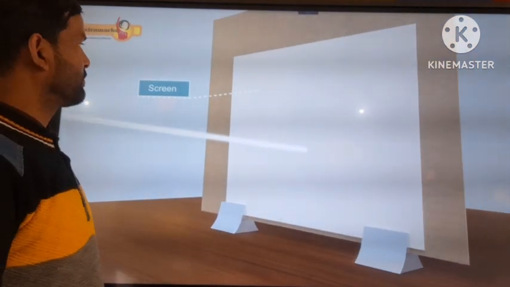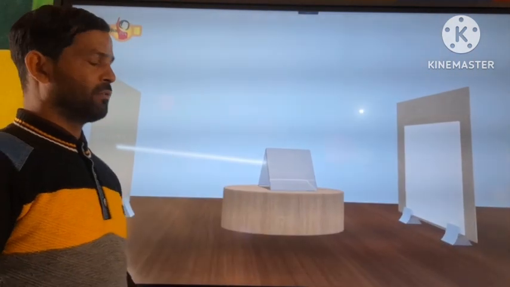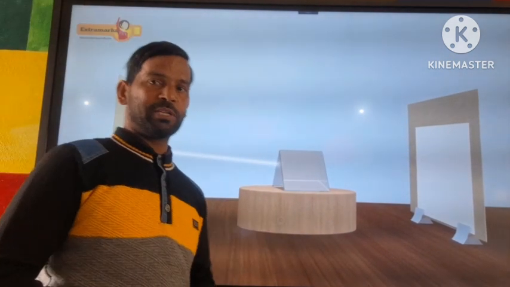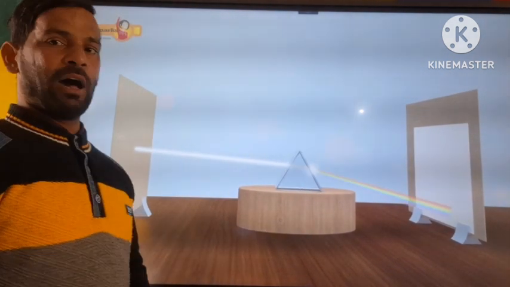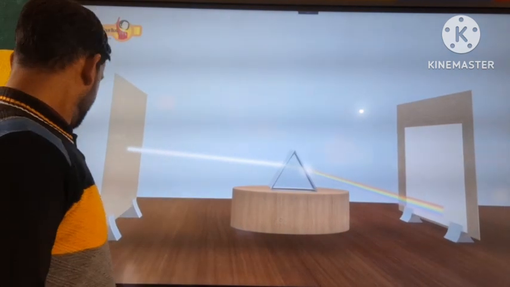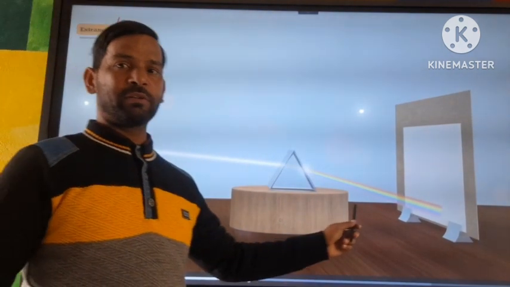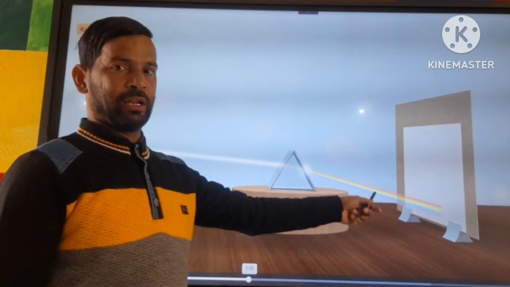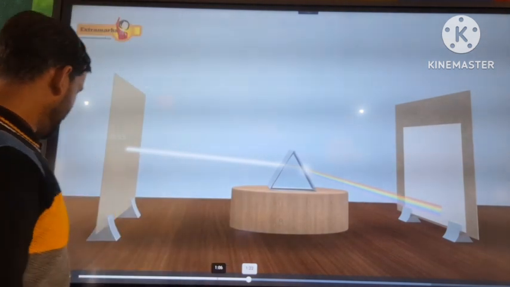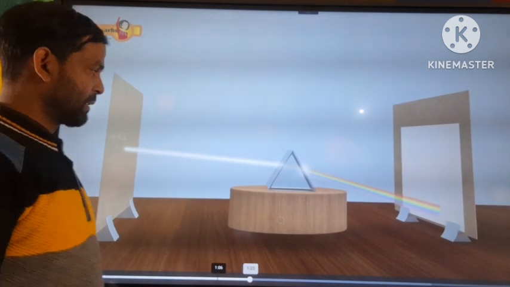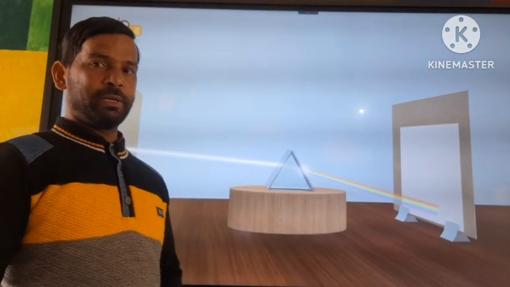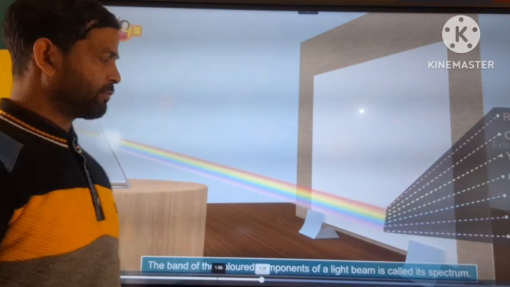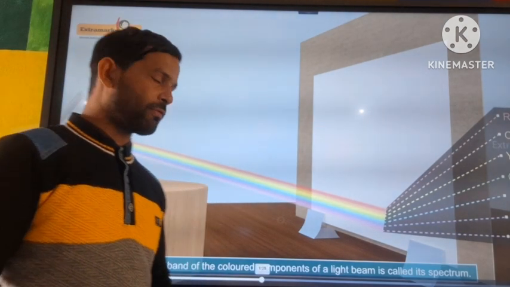If there is a screen, you might observe a white light, but when we place the prism in the passage of this light, you may have a glimpse of these 7 wonderful colors of the white light split into 7 different colors. This is how we know that light contains 7 colors embedded in it. That is what we call the scattering of light or dispersion of light.